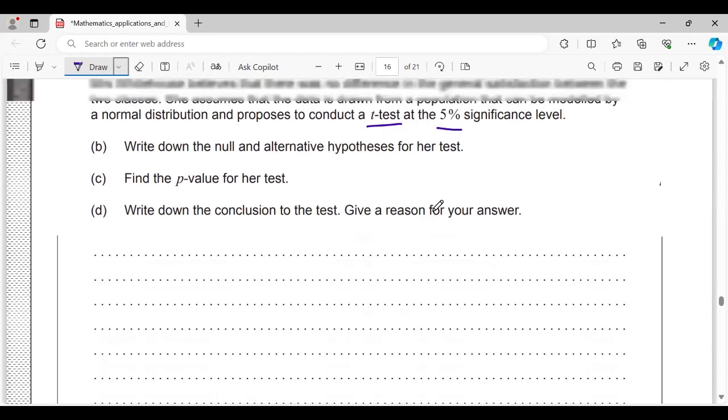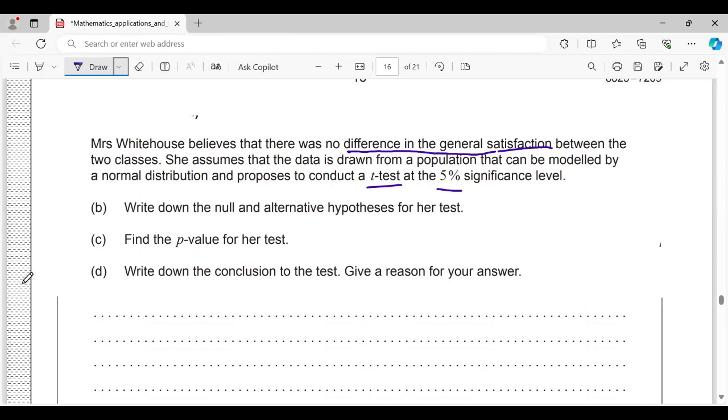So the null hypothesis is mu A equals mu B. It means there is no difference in general satisfaction.